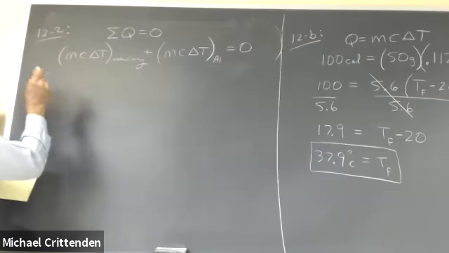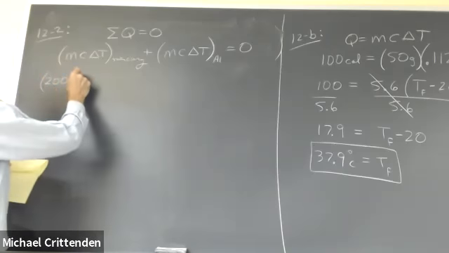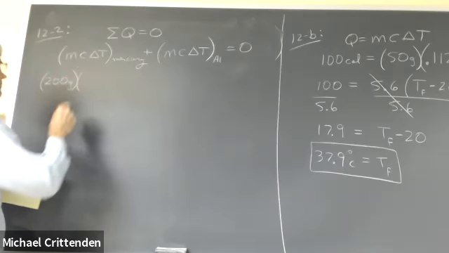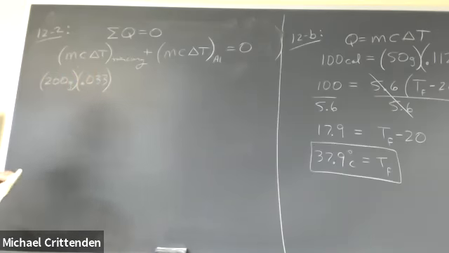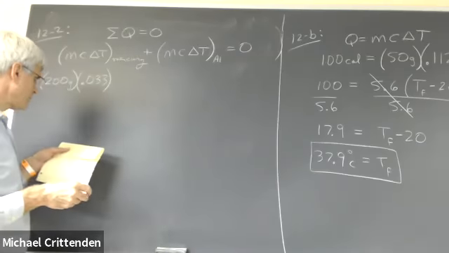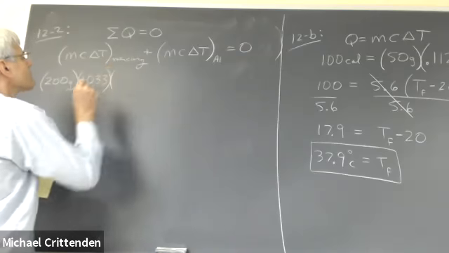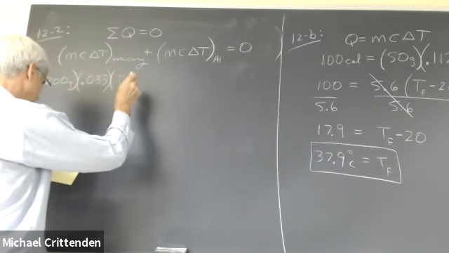Fill in the numbers. We've got 200 grams of mercury. Its specific heat is not terribly different from, remember back over there, lead was 0.030, this is 0.33. They're both kind of similar heavy metals. T final minus T initial.